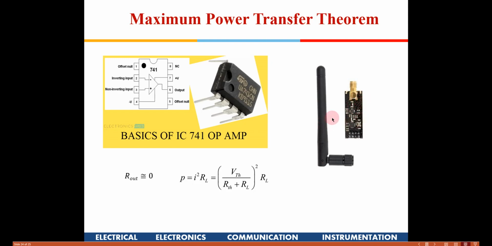Similarly, when I am transmitting, these antennas are all 50 ohms, because the same antenna will be used for receiving as well as transmission. So in that case also the output amplifier will have an output resistance of 50 ohms. Otherwise, say if you want to transmit 100 watts and the impedance is not matching, the output power which will be radiated will be less than 50 watts, and the rest of the power will get dissipated within the circuit and generate heat, right?